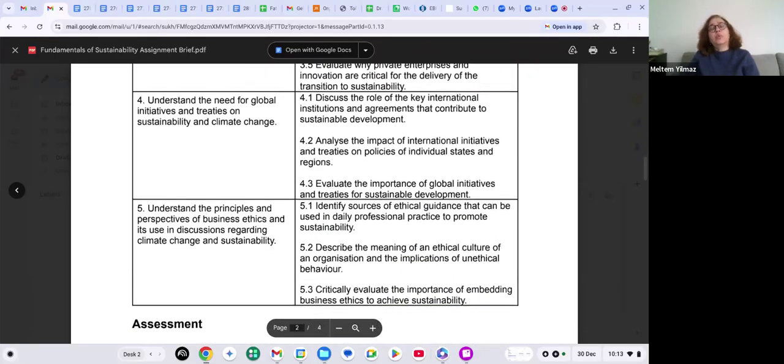The fourth learning outcome was to understand the need for global initiatives and treaties on sustainability and climate change.